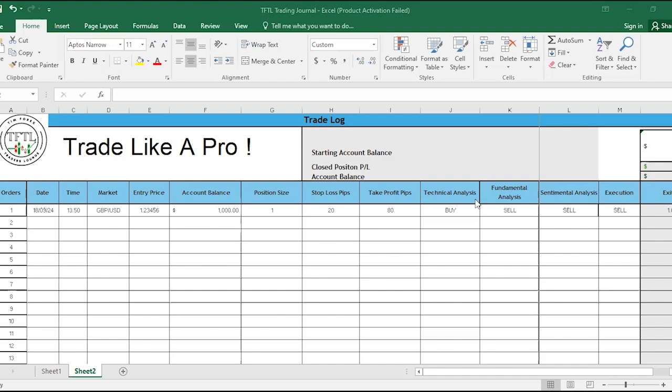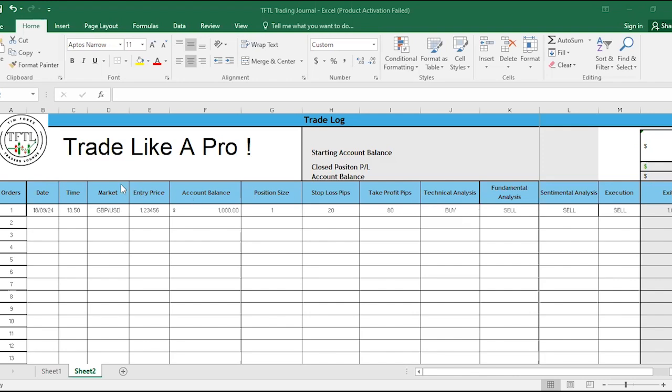And this helps traders analyze their performance, identify patterns that have been consistently profitable, and maybe those patterns that have not been consistently profitable. And this will help them improve their trading decisions.